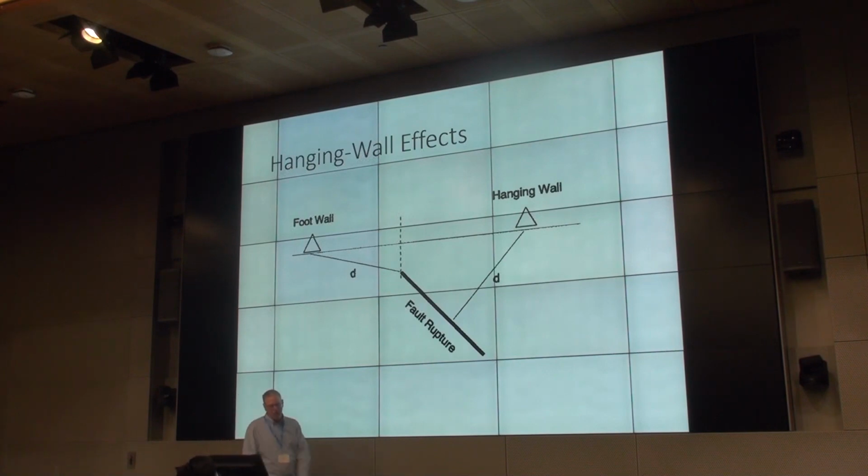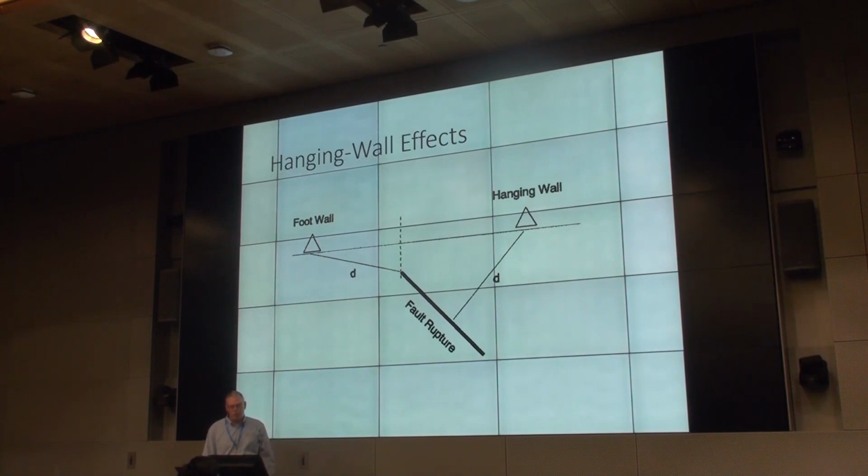The biggest change really from the ground motion models due to Northridge was the hanging wall effect. Okay, and so this is just a sketch here. If I have a rupture shown by the solid line there, in cross section of a dipping fault, and I had two stations, one on the left and one on the right, they're the same distance away from the rupture as measured as closest distance, but the one on the hanging wall side on the right is closer to a lot more of the rupture than the one on the left.